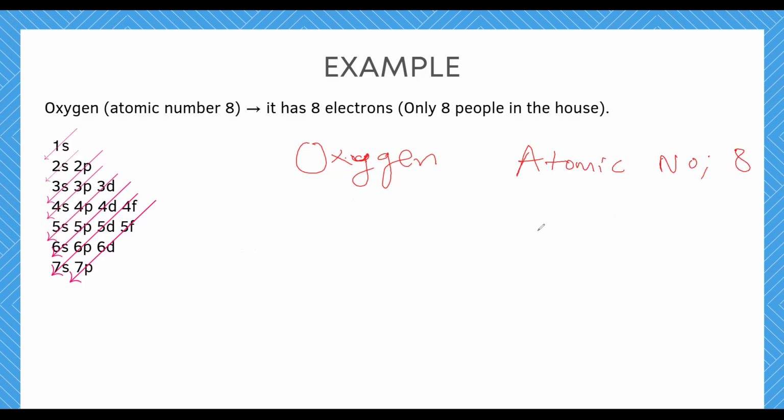What did we say atomic number is? The number of protons in an atom. Thank you very much. The number of protons that are present in an atom. Also, an atomic number is simply the number of electrons in a neutral atom.